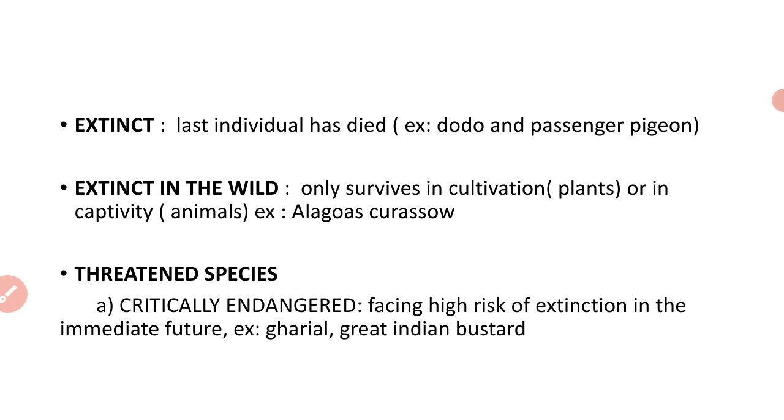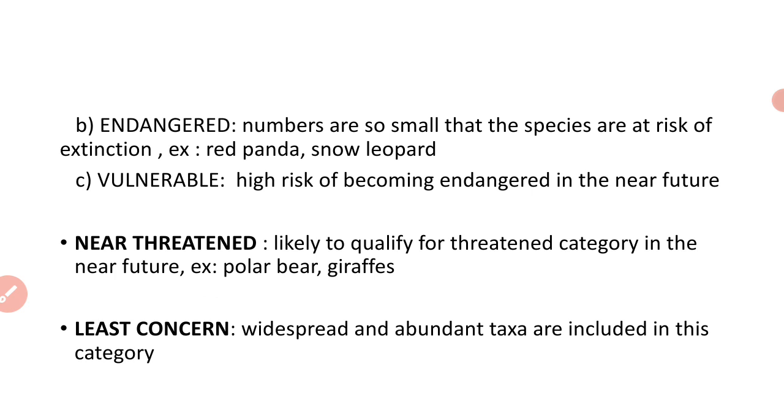Similarly, when we see the next classification under the threatened species, it is endangered. Endangered are also animals who are at the risk of extinction, for example red panda, snow leopard, but the criteria that I already told you involve some different numbers.